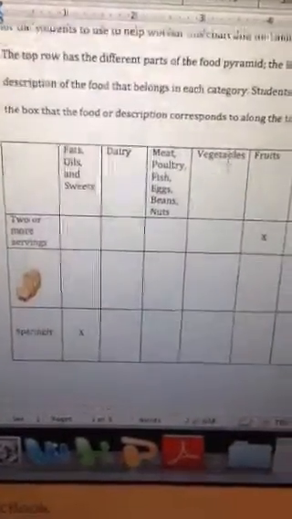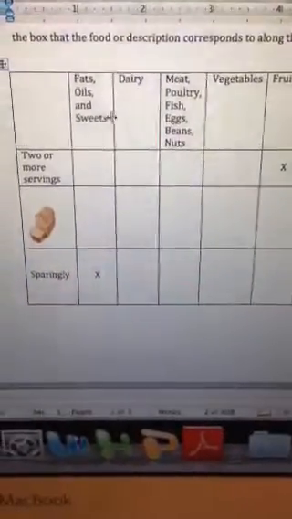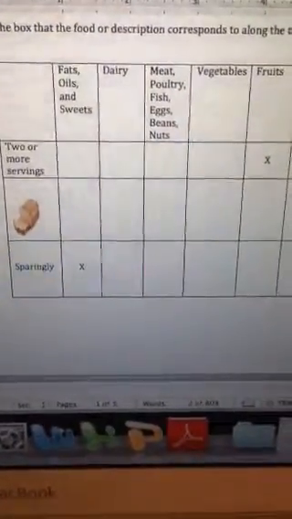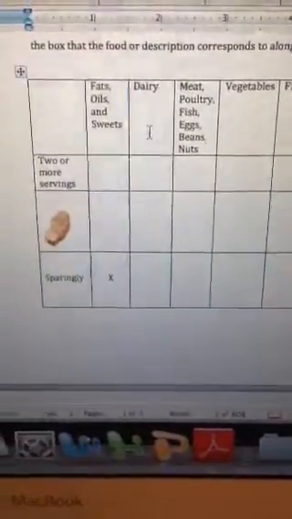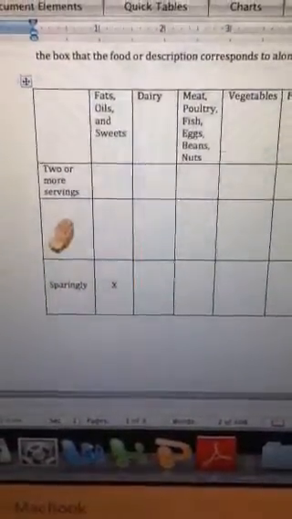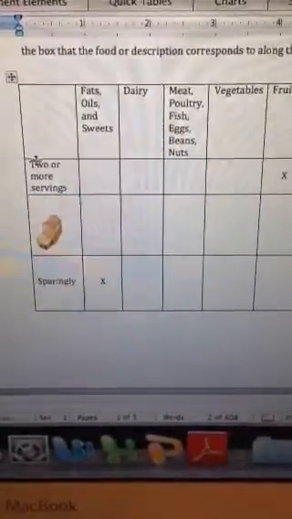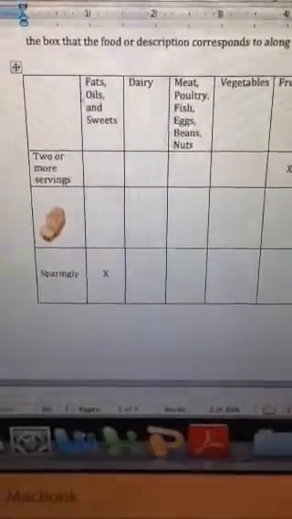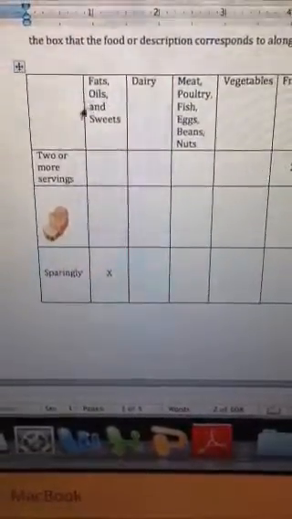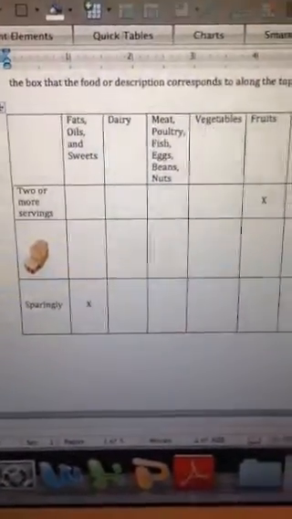Okay, so using the food pyramid that we just went over, we're going to take some time to work in a group or by yourself. You can work at your tables, whichever you would prefer, but we are going to classify the different types of food and the different serving sizes with the categories we just talked about. So the categories that we talked about were in the pyramid, and they're all across the top right here.